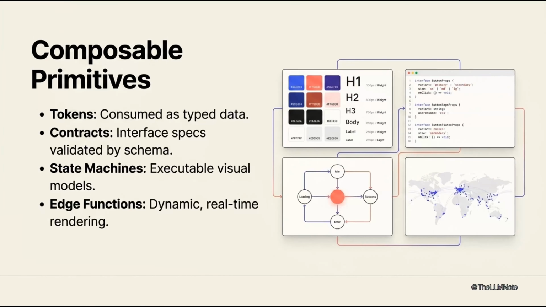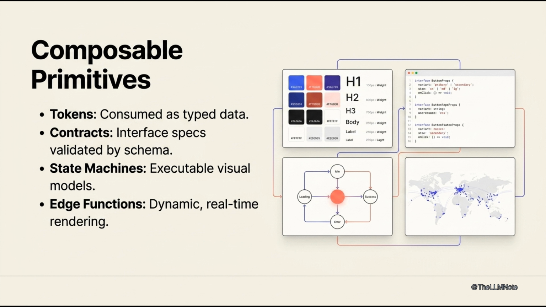Here's something most people overlook: composable primitives. Design tokens: color, typography, spacing, and elevation consumed as typed data. Component contracts: interface specs with variants, states, and slots. State machines: visual, executable models of user interaction flow. Edge functions: dynamic rendering, personalization, and A/B testing at the edge.